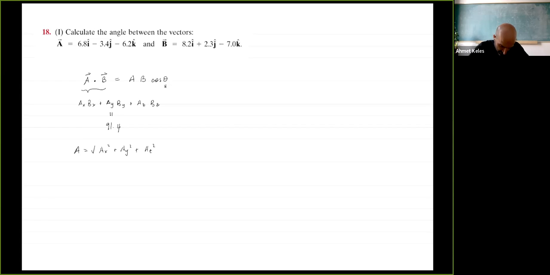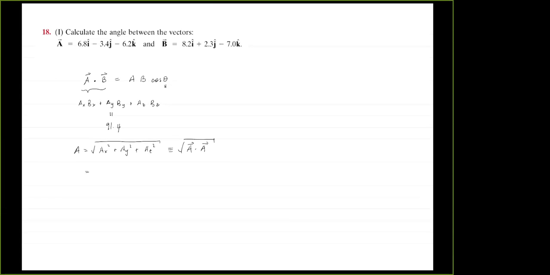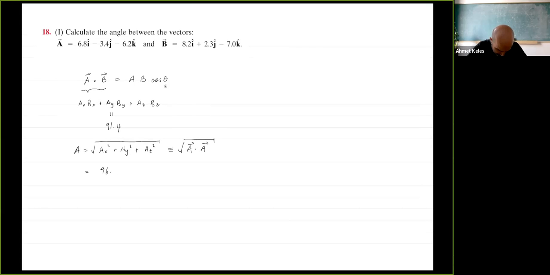If you don't remember this, you can think of it as A dot A, the dot product of A with itself, and the root. If you do that, what did I find? I'll ask you to do it. 96.2. Okay. And finally, I do the same thing for B, which is equal to the root of B dot B.